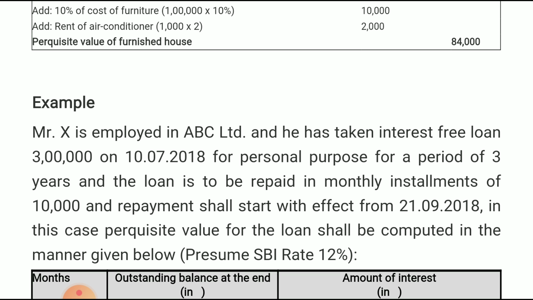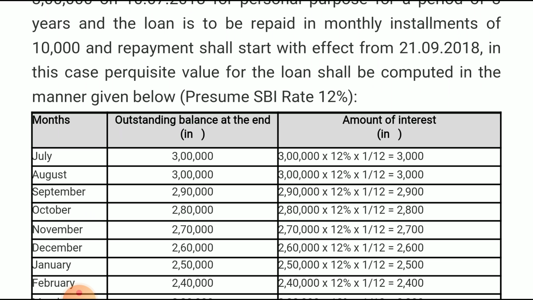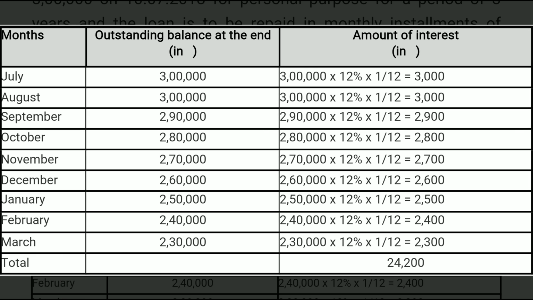To calculate this, we need to prepare 3 columns. First is months, then second column is outstanding balance at the end, and the third column is amount of interest. So we'll write months. If you go through the problem, from July till March you have to take all months.